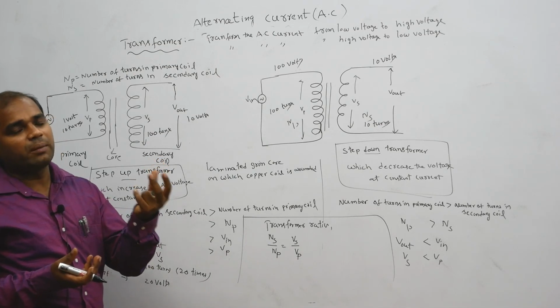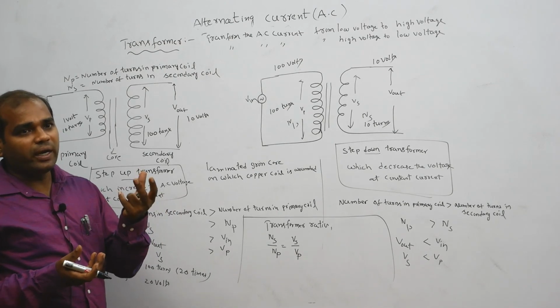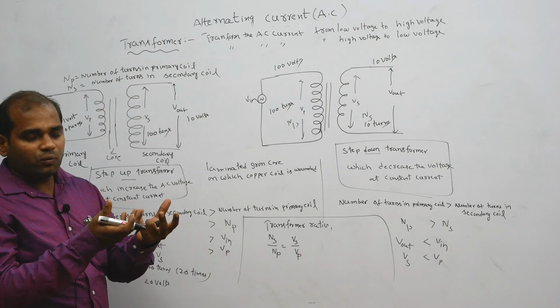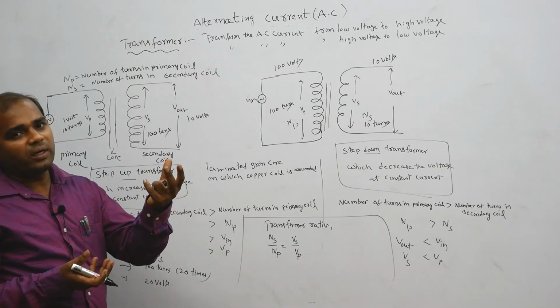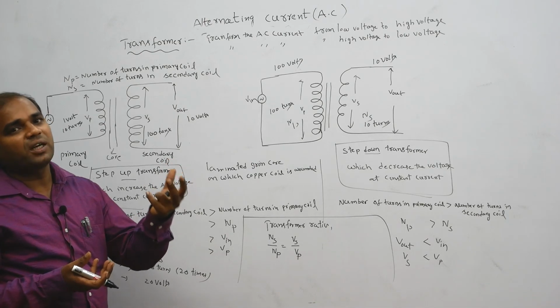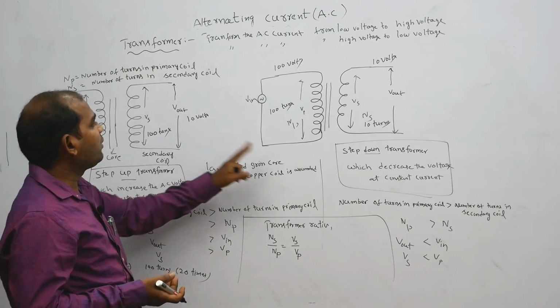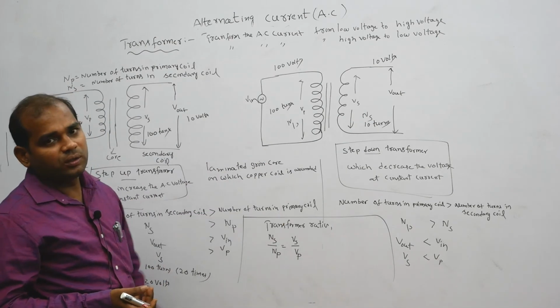The choke is used as a step up transformer. It increases the voltage locally from 220 volts to whatever voltage is required to glow the tube light. So these are the uses of step up and step down transformers, and where they are used.